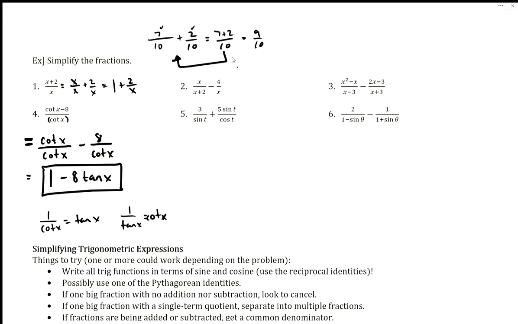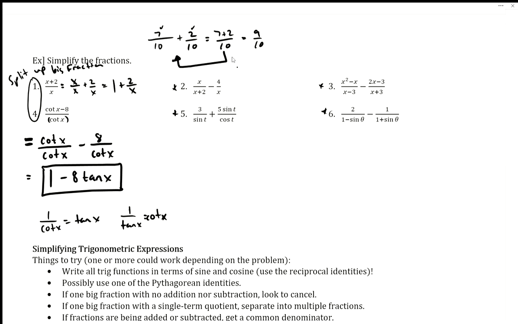Okay, number 5. Here we have two separate fractions, and so we probably want to combine. So usually if we have a single fraction like 1 and 4, we split it up. But with 2, 5, 3, and 6, they already are separate fractions.